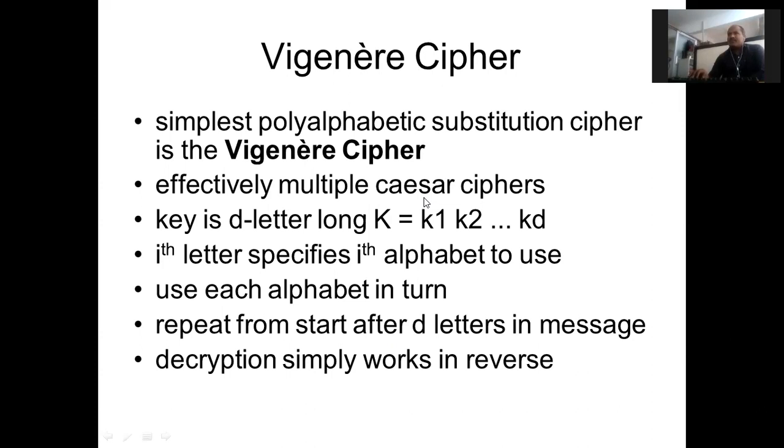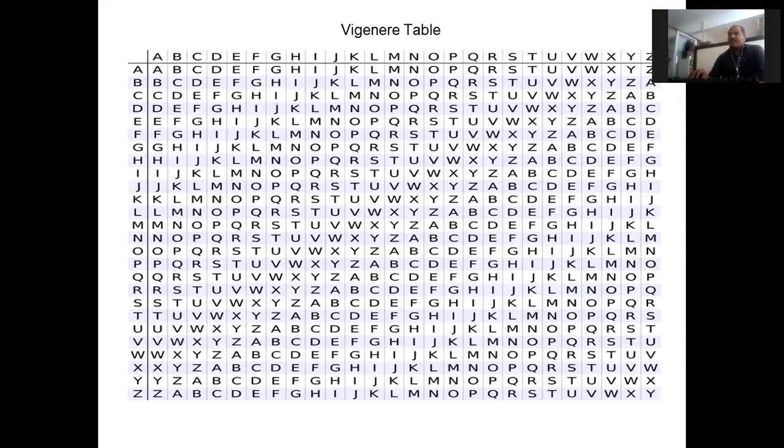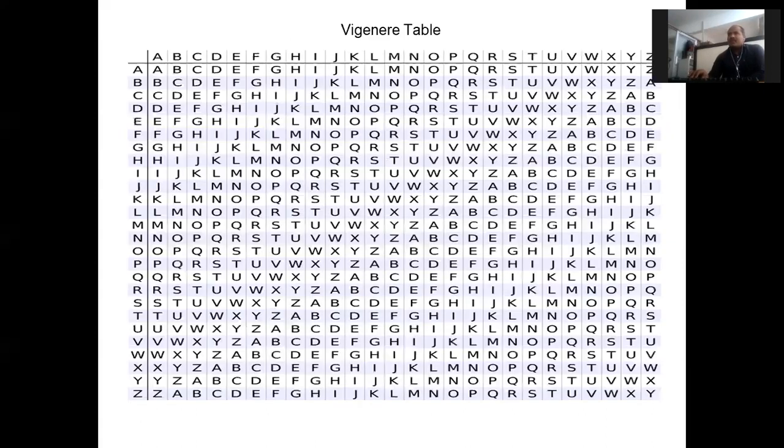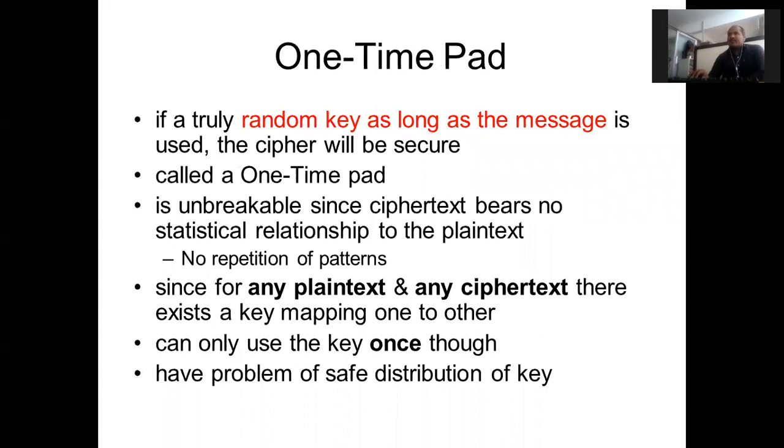The simplest polyalphabetic substitution cipher is the Vigenere cipher, and we'll see what it is. The one-time pad algorithm we already covered in the previous lecture.